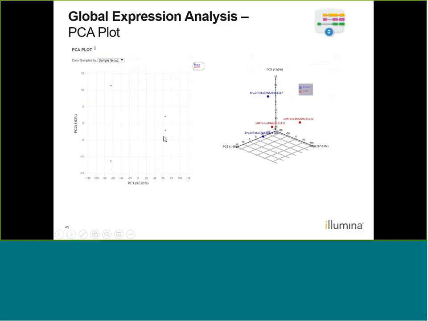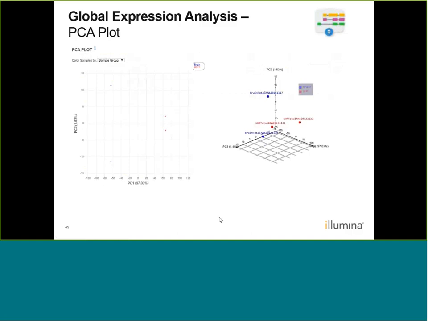Those are our UHR samples, and we can say that they're kind of forming a cluster with themselves here. And then over on this side, we see our brain samples, and they seem to be right around this first principal component. And then they do have some variance when we're looking at the second principal component.